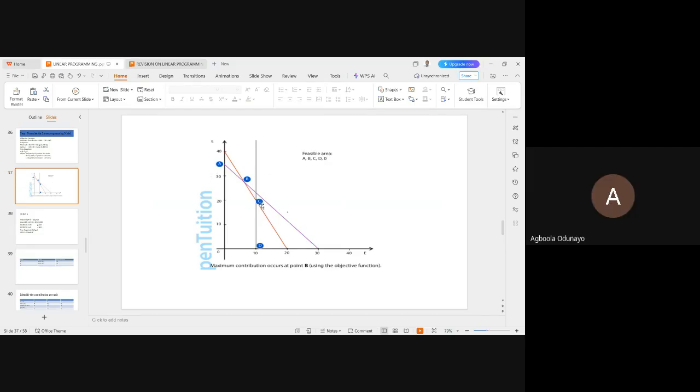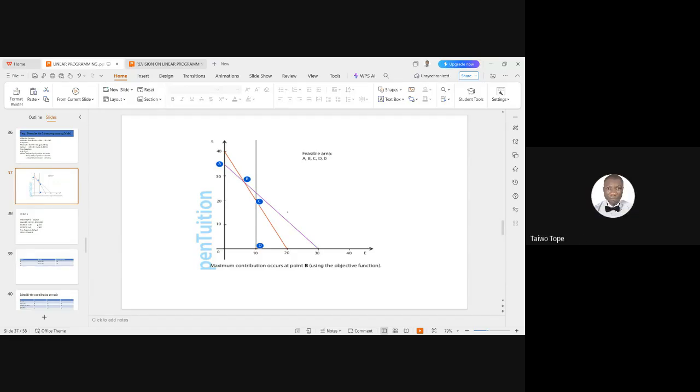We have 20. Yes, that is when x is 0. When x is 0, what is the value of E?